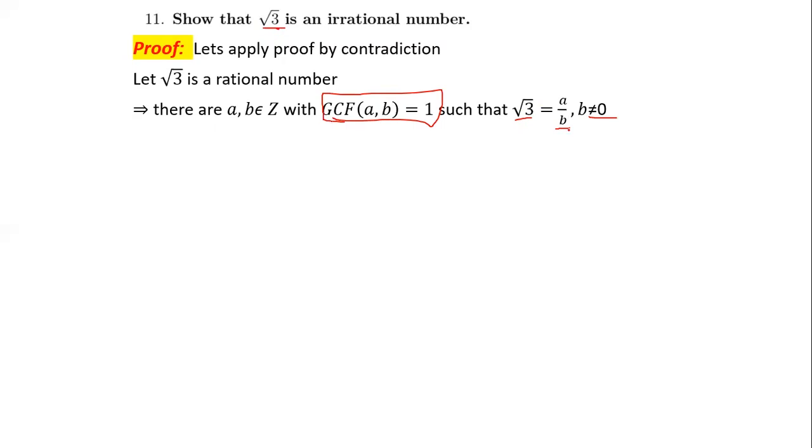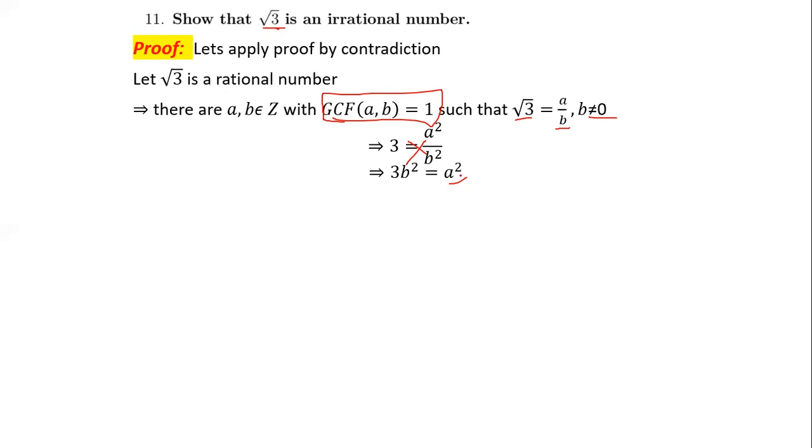So if the rational number radical 3 is written in this form, what will happen if we take the square of both sides? The square of radical 3 is 3, and the square of this fraction is a square over b square. If we multiply both sides of this equation by b square, we obtain 3b square is equal to a square.